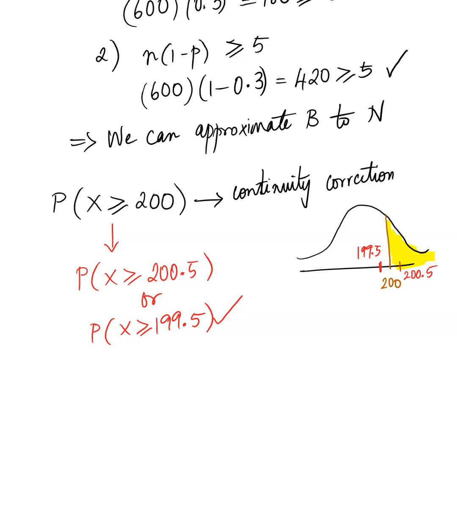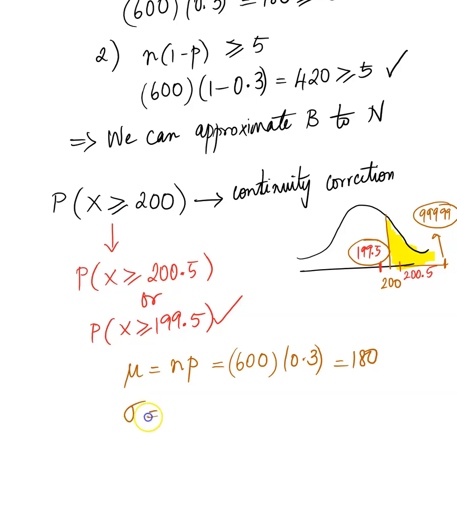So if you're using the calculator, your lower limit will be 199.5, and for the higher one, you're going to go with a bunch of 9s. We've got that. But what will you enter for the mu and the sigma? For that, our mu is n times p. That's part of the formula. So that's going to be 600 times 0.3, which is 180.